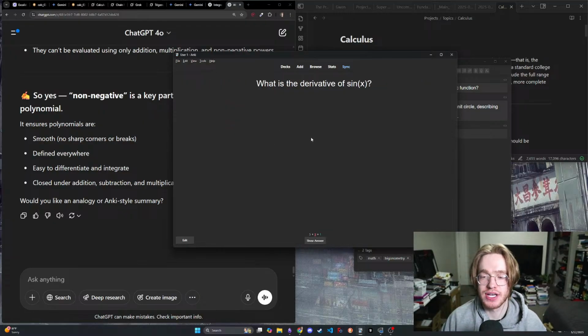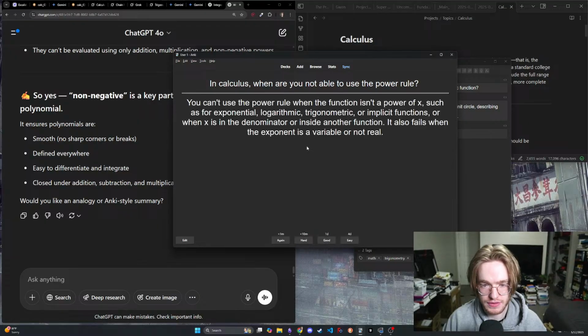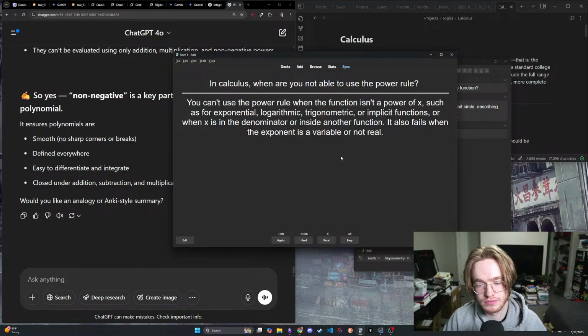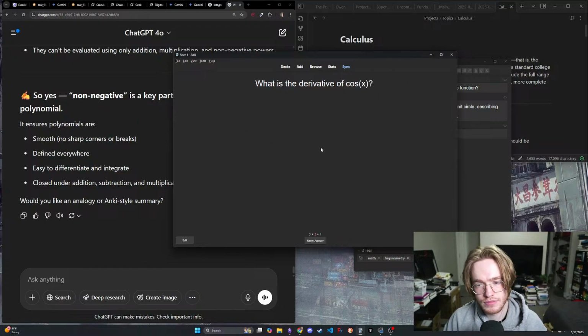The derivative of sine of x would be cosine. You're not able to use the power rule when you don't have any exponents, so logarithms, trigonometric functions, and the like. Derivative of cosine is negative sine of x.